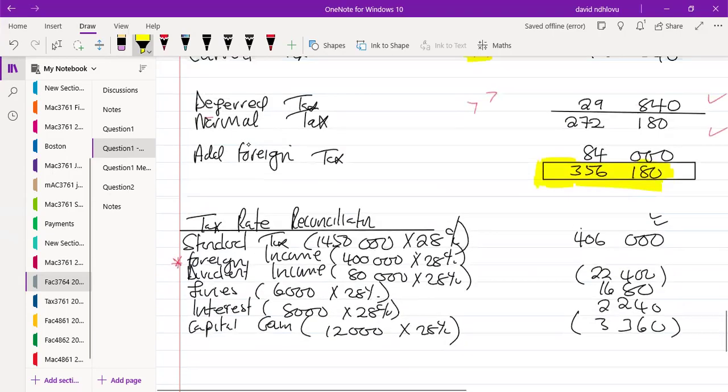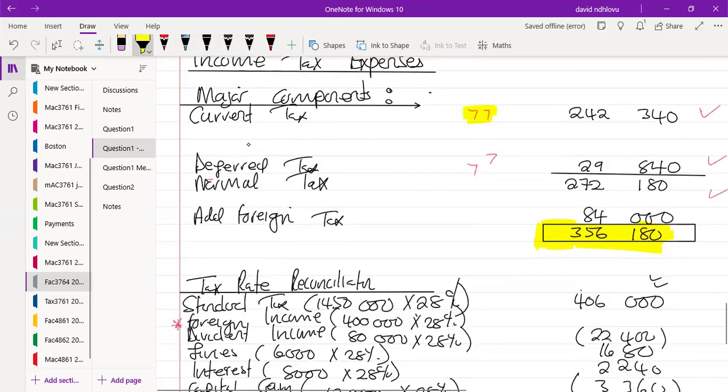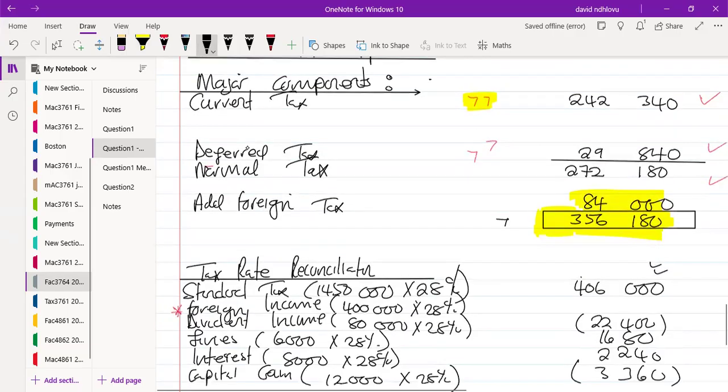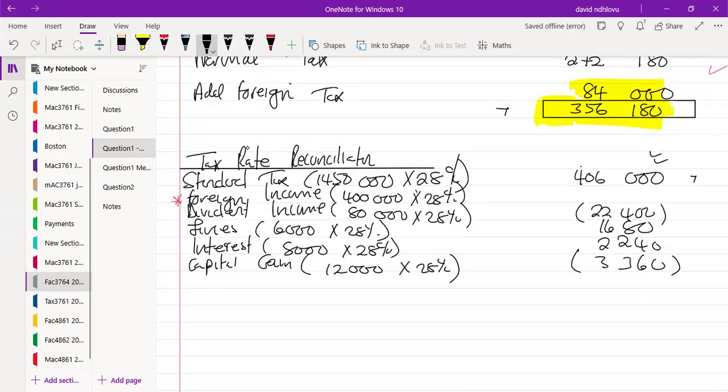However, with regard to foreign tax, we did add 84,000. So this figure here contains 84,000 in tax on foreign income. However, this figure here contains 400,000 by 28. We must less the difference between the two.